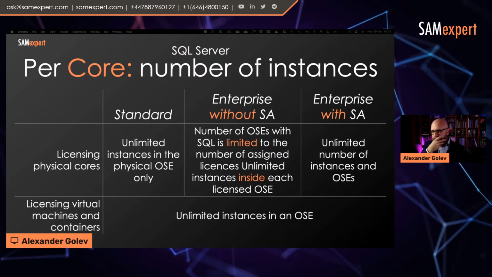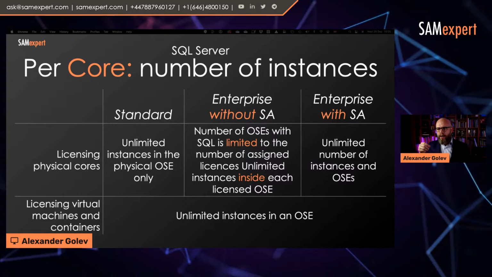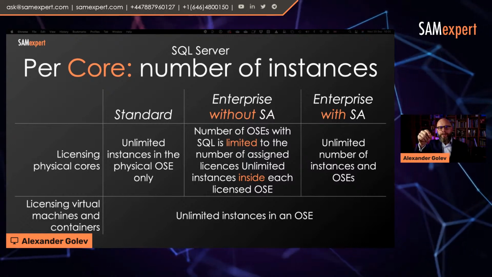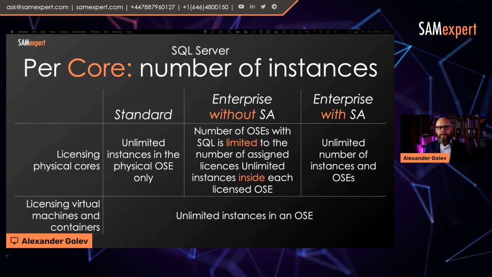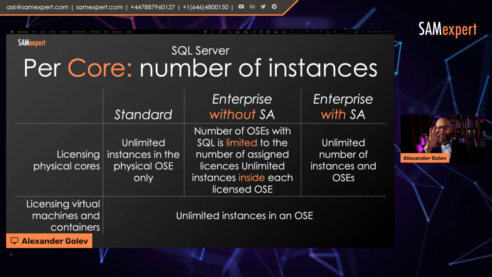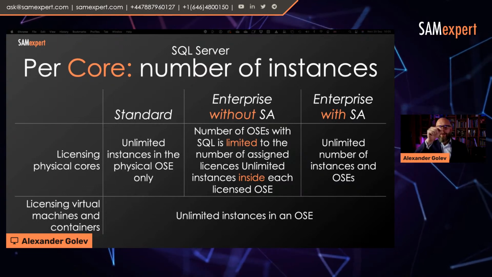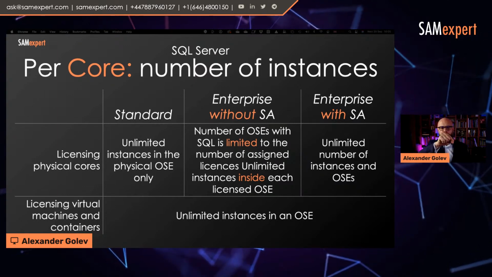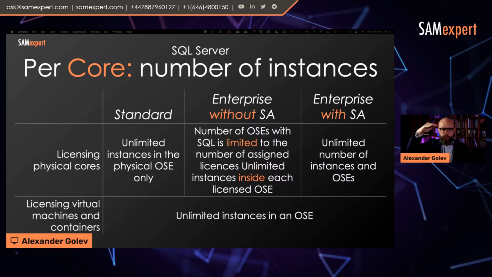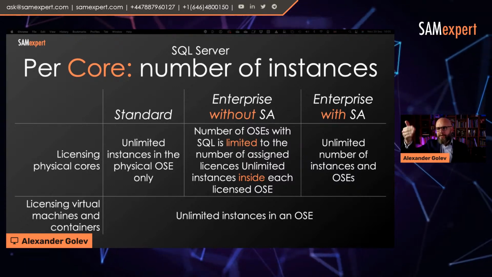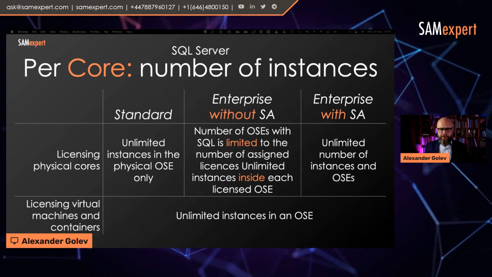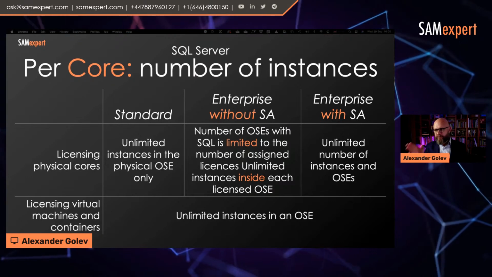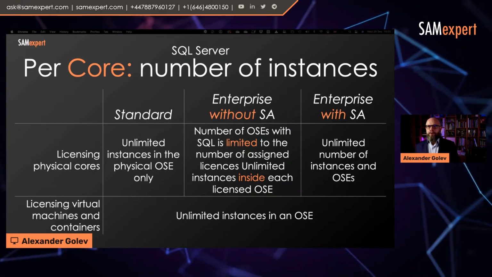Then in that case, you may not run more operating system environments, including containers, than the number of core SQL Server Enterprise licenses that you assign to the server. If you want more virtual machines, more containers with SQL, you just assign more core licenses to that server. It's much easier to just continue maintaining Software Assurance and forget about this nightmare of counting cores.